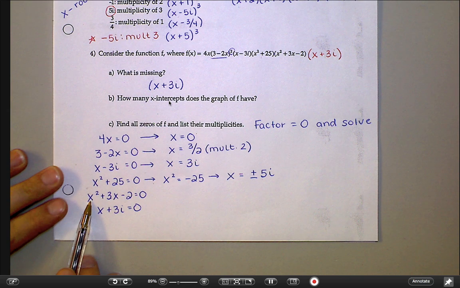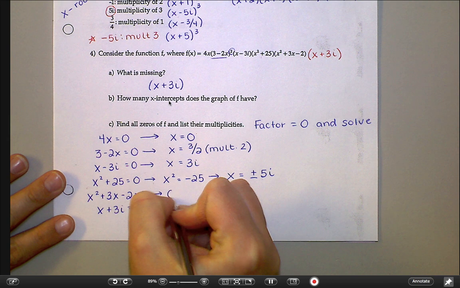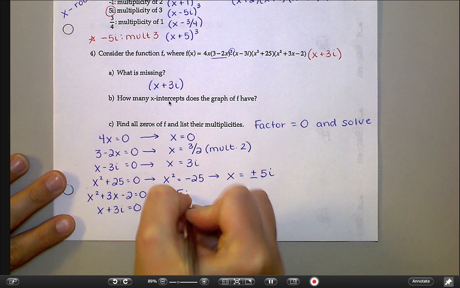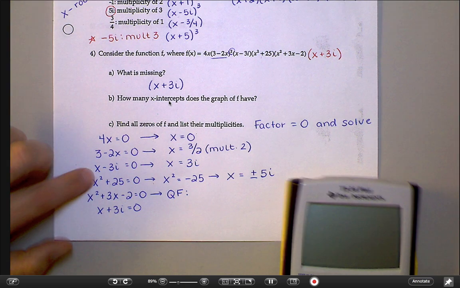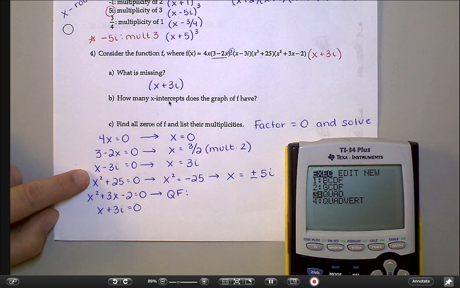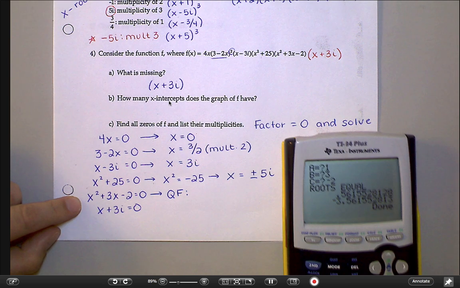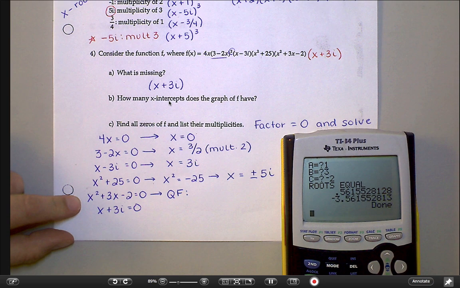To solve this one, set it equal to 0, that's a quadratic formula problem. Again, we could have used quadratic formula on the previous one, but we did have a shortcut. Quadratic formula, I have 1, 3, and negative 2. So these are irrational.